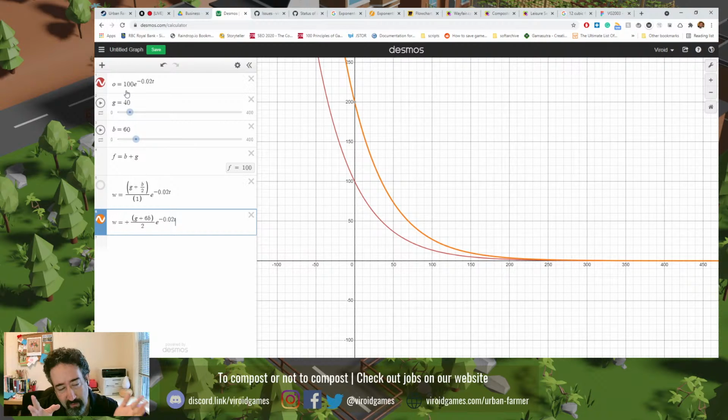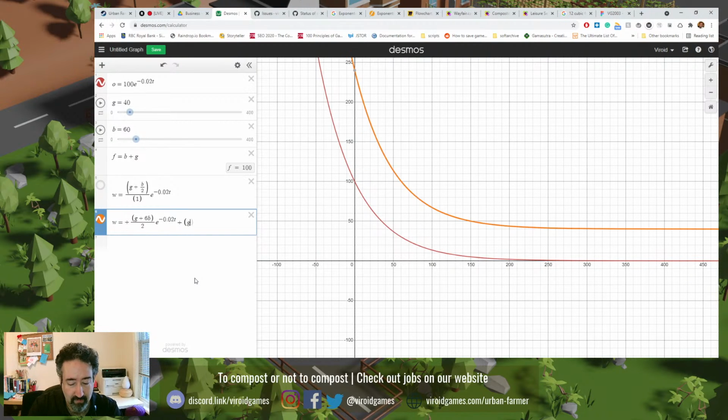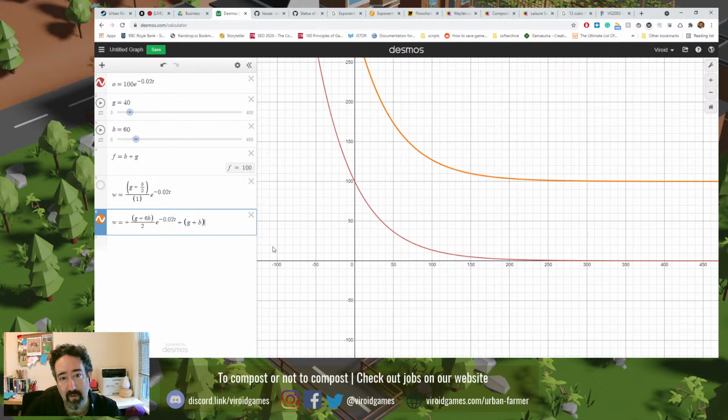So if we are determining the minimum and maximum values by the volume, which involves G and B, we should determine a maximum G and B and a minimum G and B that will be part of this W function, so that when t goes to infinity, the minimum value of this W will be the minimum value that incorporates G and B. But when we say you should have at least G and B, this will go to 100 and stop there.